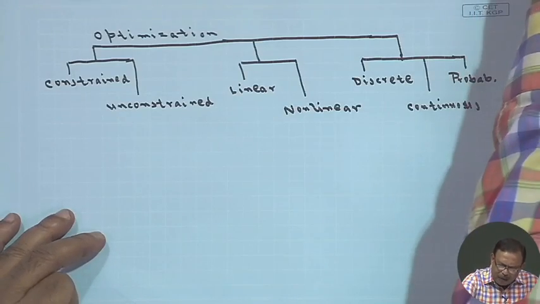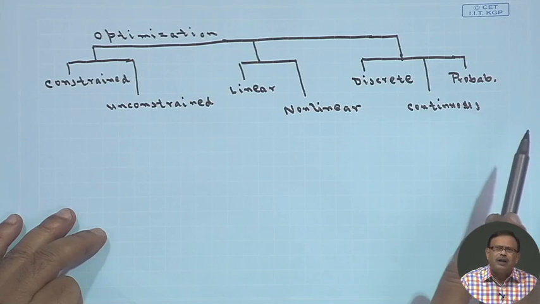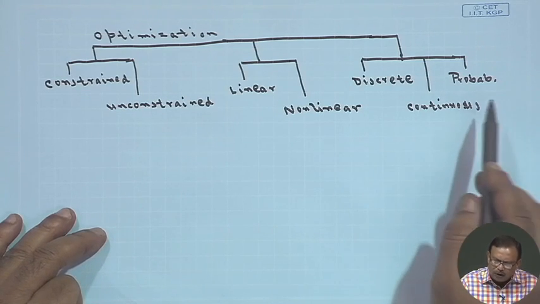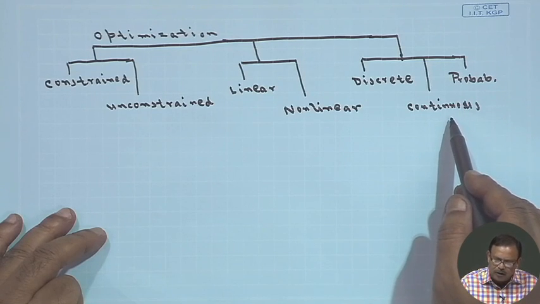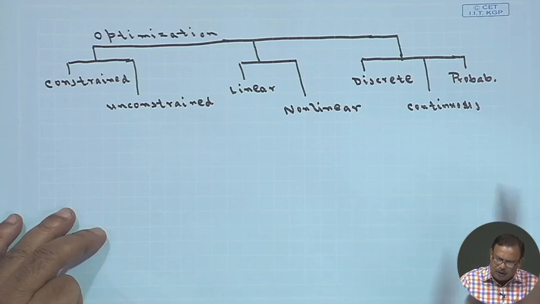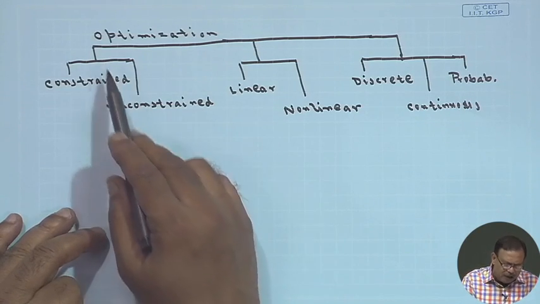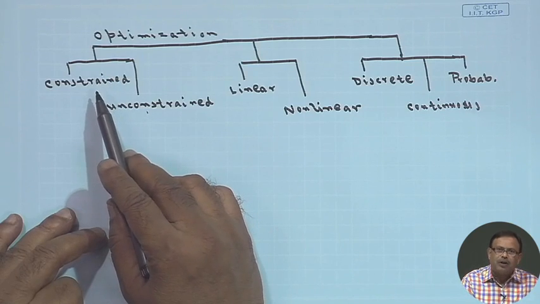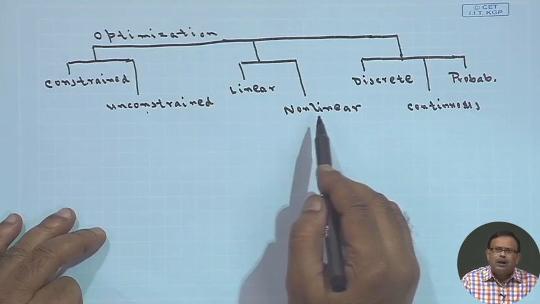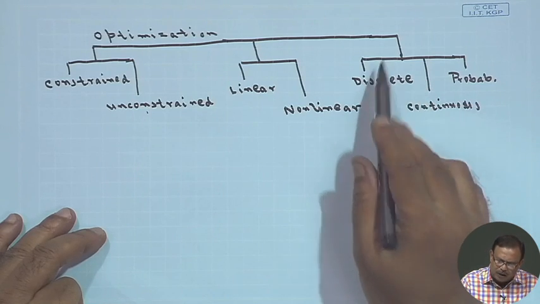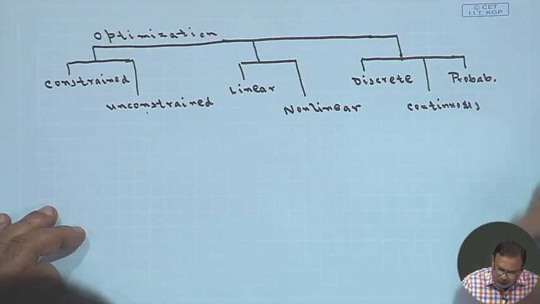They may be discrete values, they can take continuous values, that is any value on the real line, or the values may be probabilistic. If it is probabilistic, then we have to convert it into the corresponding continuous cases. So, the optimization can be unconstrained or constrained. The problem may be linear, it can be non-linear. The decision variables may be discrete, continuous or probabilistic.